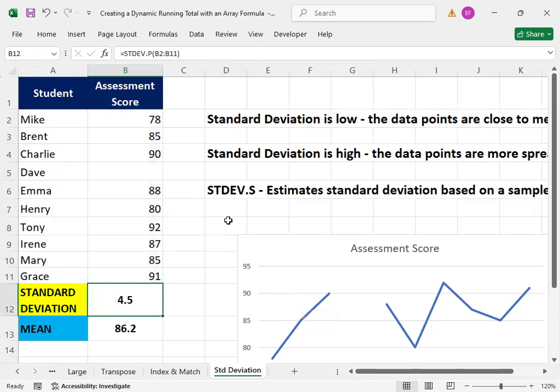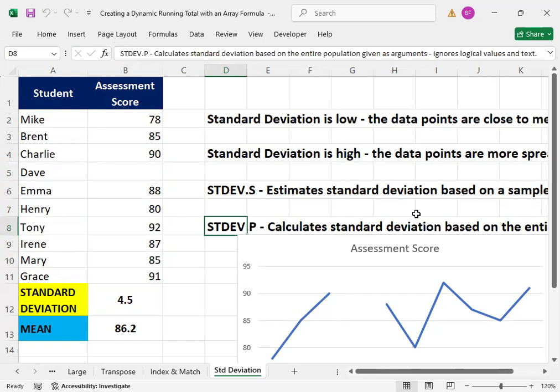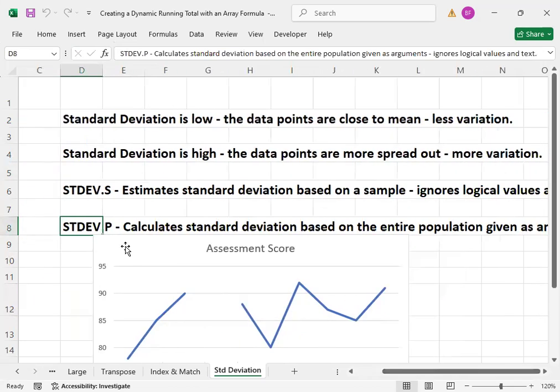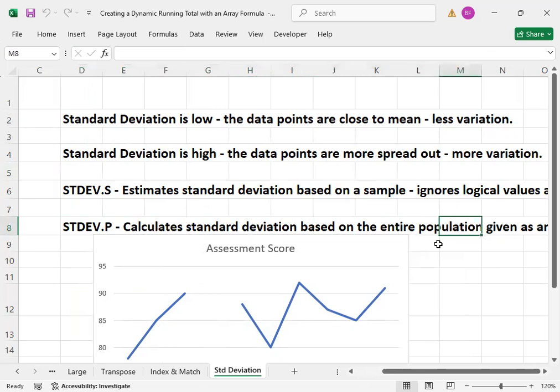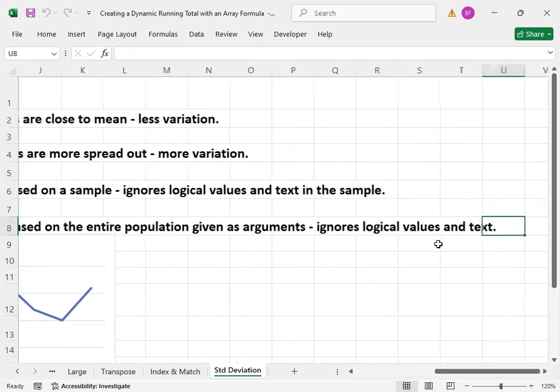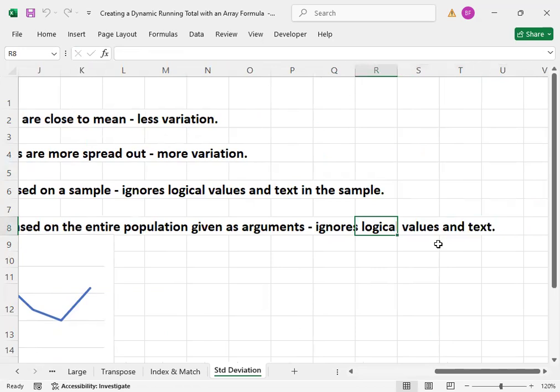The result would be 4.5. So STDEV.P calculates the standard deviation based on the entire population given as arguments. It also ignores logical values and text.